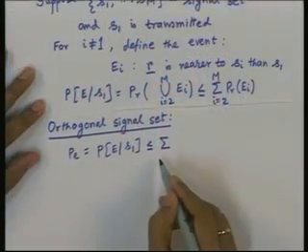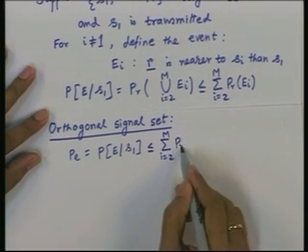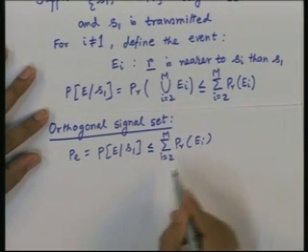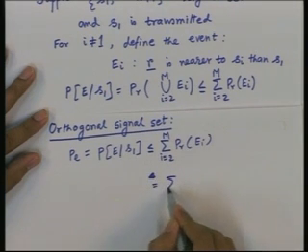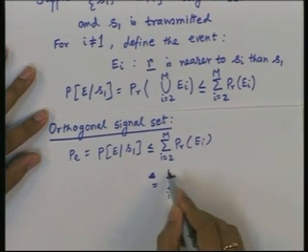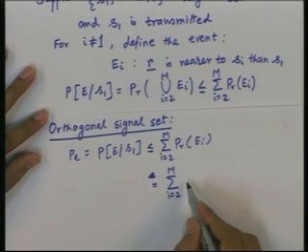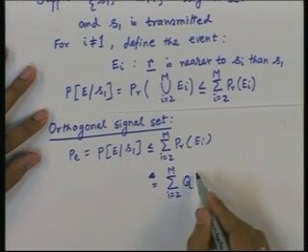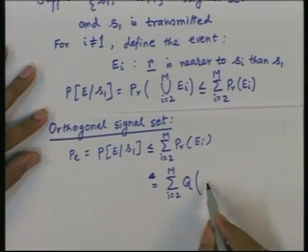So, by union bound, this is less than or equal to summation i equal to 2 to m probability of Ei, and probability of Ei is Q of d by 2 by root over N0 by 2.